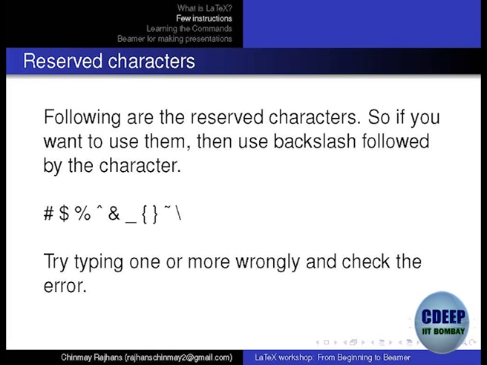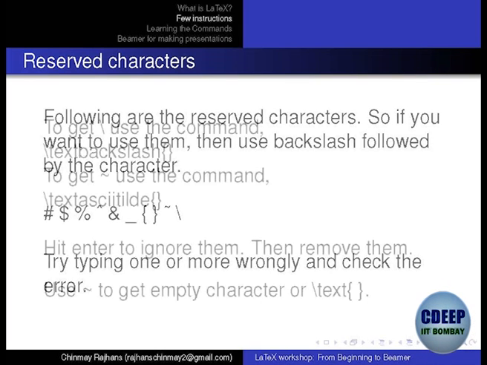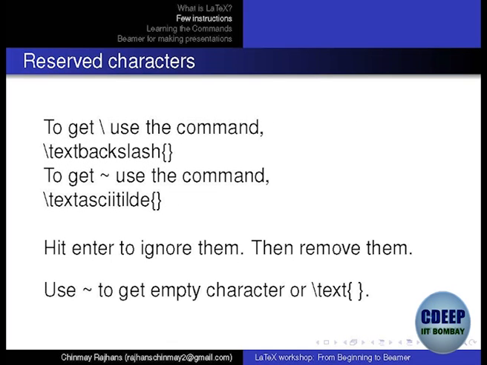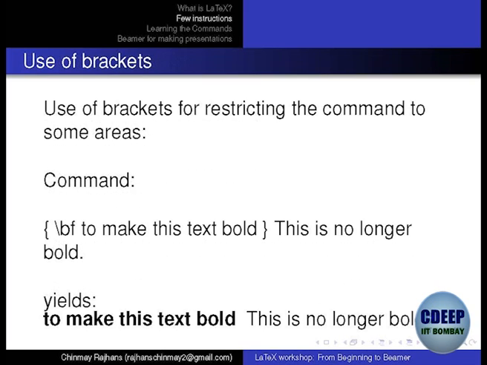An easy way to get them on the right hand side is to use a backslash followed by these characters, and to get a backslash, the command is backslash textbackslash followed by empty curly brackets. Same for tilde. If you do get errors during compilation, just go to the text box below the compiler and just hit enter. You can use the tilde character or backslash text followed by an empty space for getting an empty space in the text.